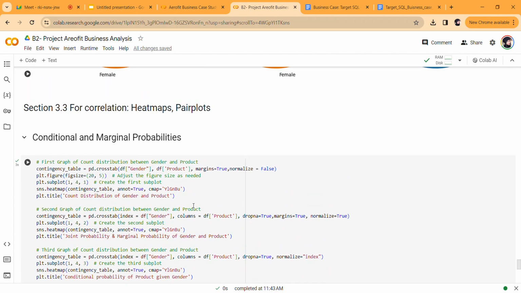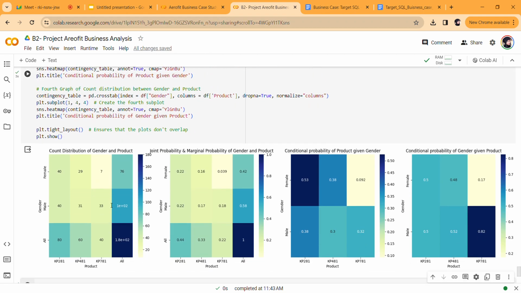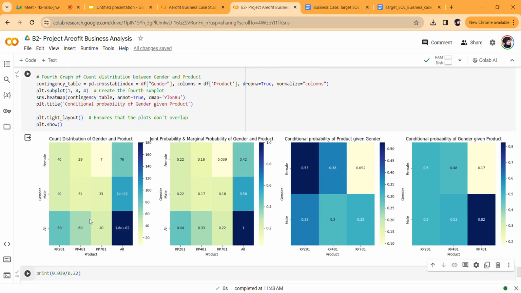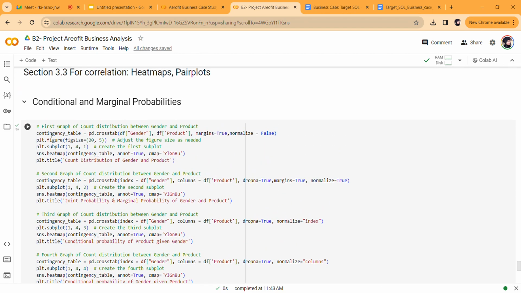The first thing I have to create is the pd.crosstab. We have to create this crosstab first because we don't have it. We have a table, but we have to create a table in which male count and female count are divided by the KP281. This is called a contingency table, and you can draw that type of table using pd.crosstab.